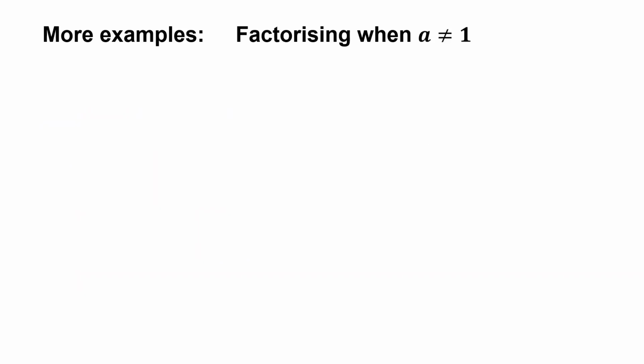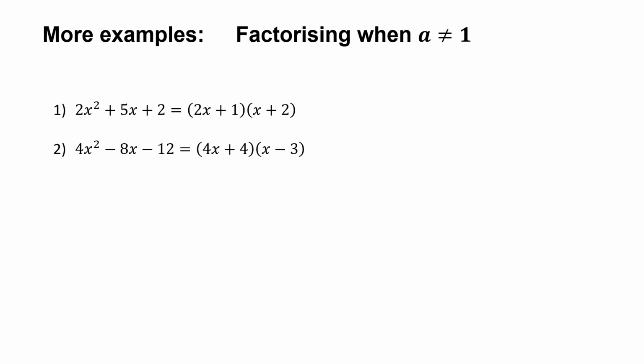So again, I'll just run through a few quick examples, and you can obviously pause this if you need to and try and see if you can get the same answer. So our first one, we have 2x squared plus 5x plus 2. This factorized is going to be 2x plus 1 times x plus 2. We have 4x squared minus 8x minus 12.